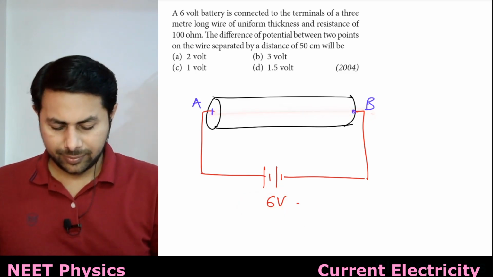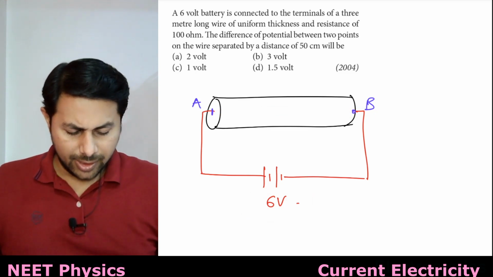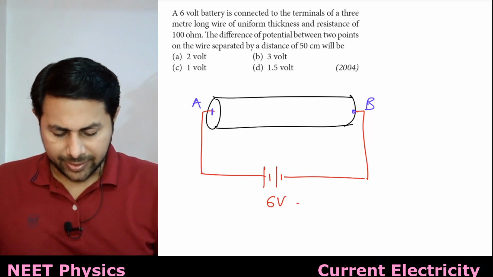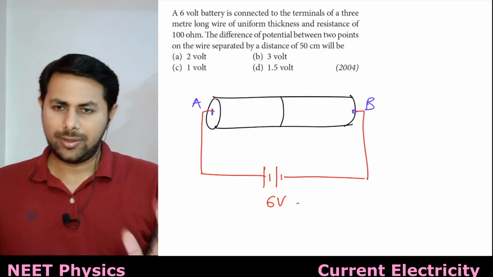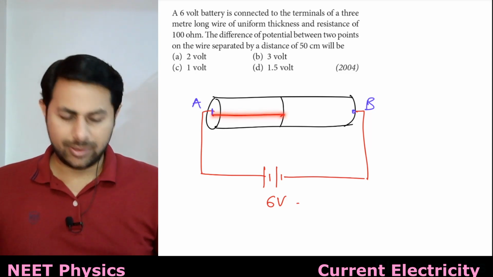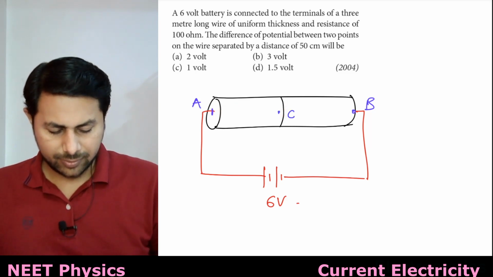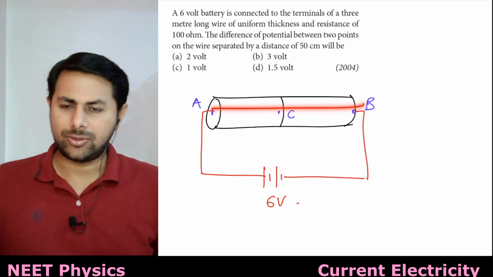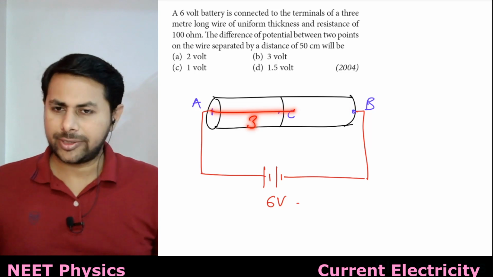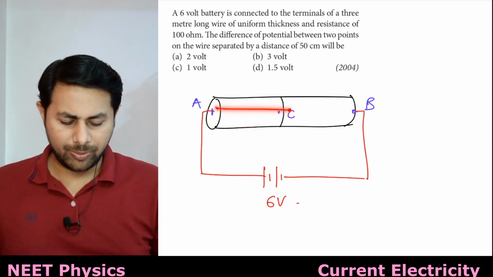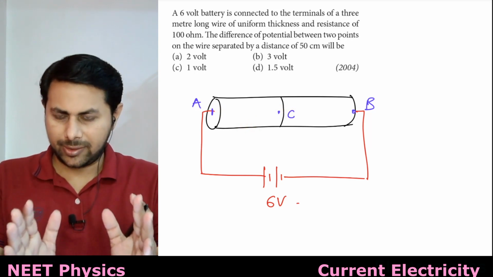If I take a point in half of the length, then the potential difference between these two must be 3 volts, because I have taken half of the length.